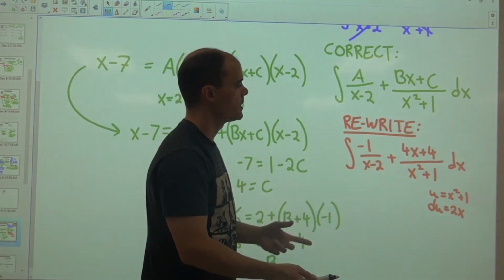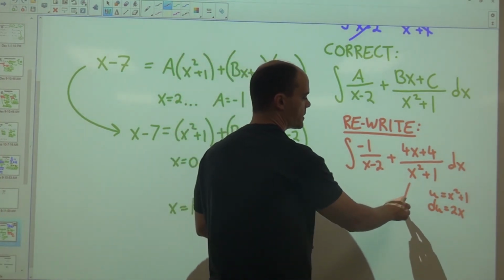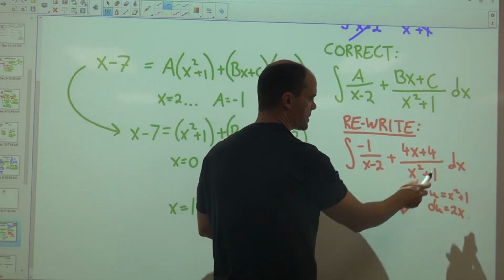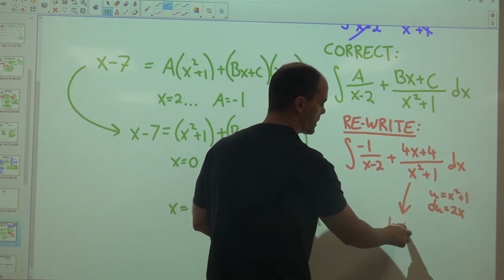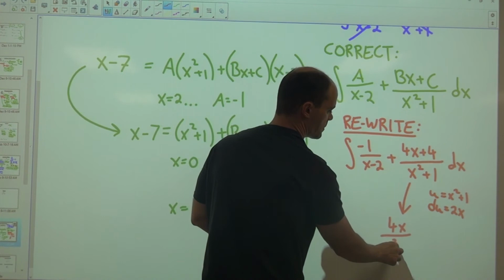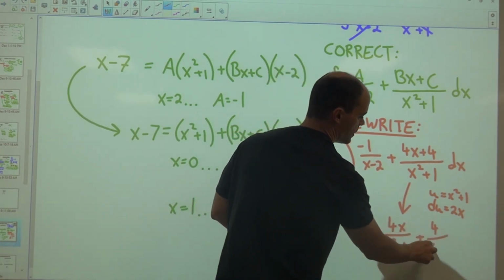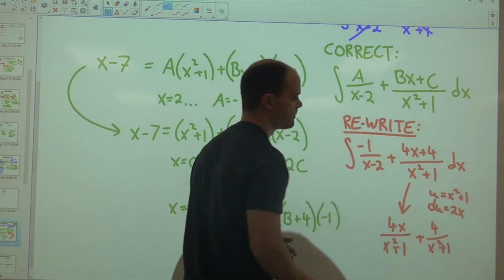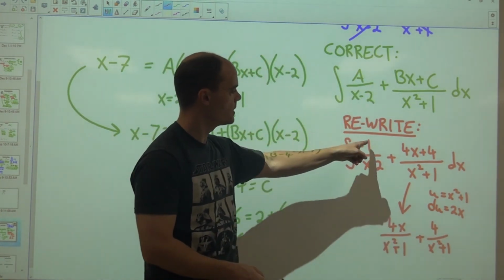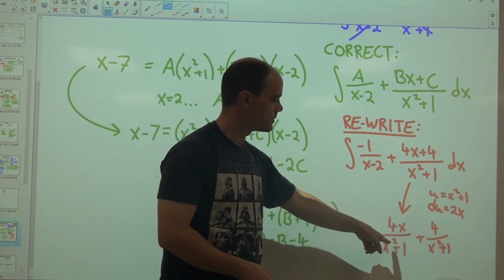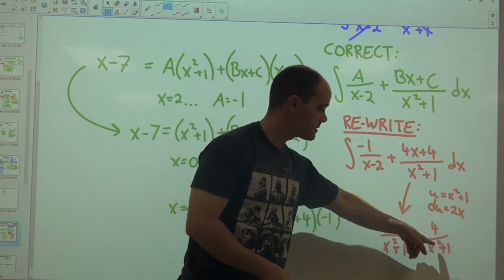So what would I do instead? I'd actually have to split this up: this is divided by this, and this is divided by this. So I need 4x over x squared plus 1 plus another 4 over x squared plus 1. And notice how this is just going to be an ln, this is going to be a u sub, and this is an inverse tangent.